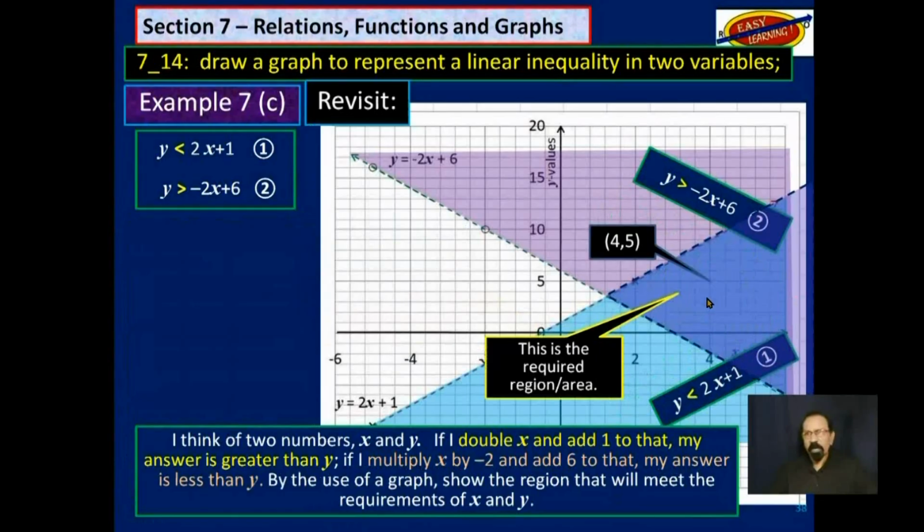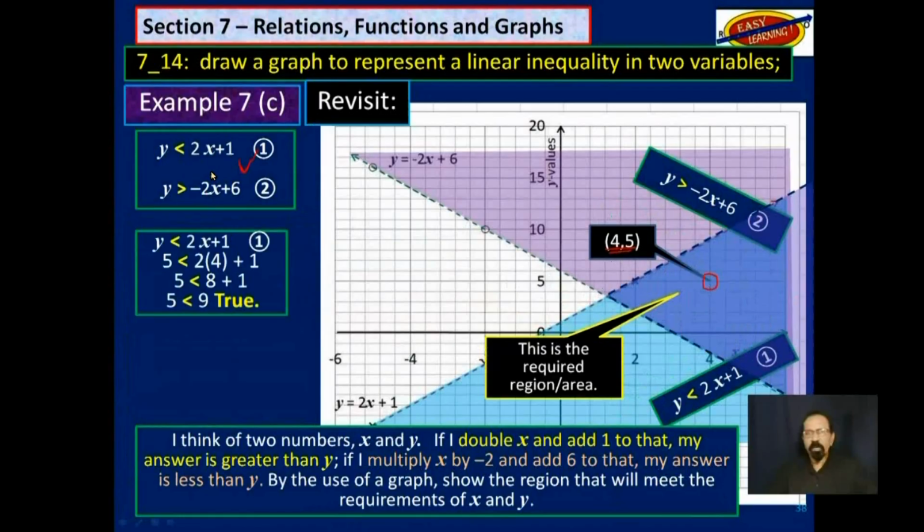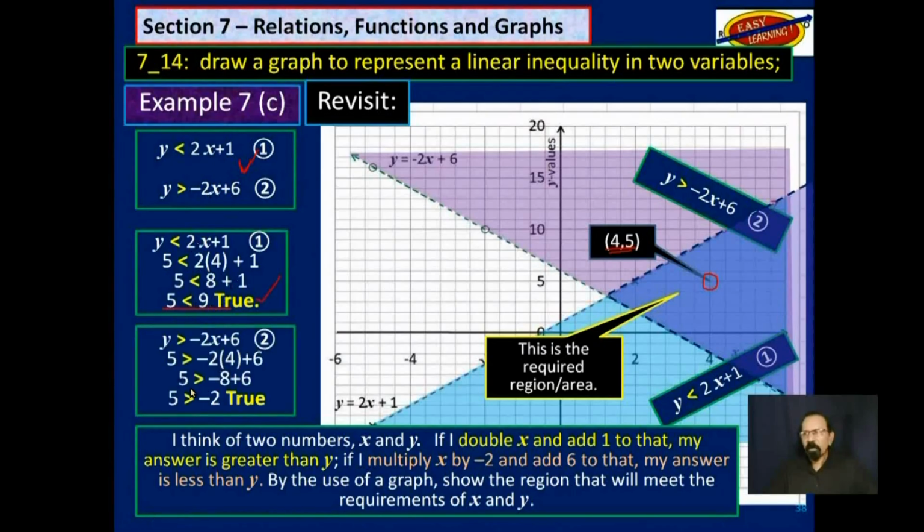So let's try one value. 4 for x and 5 for y. 4, 5. If we use these two inequalities up here, notice we get 5 is less than 9. That is true. And then we also notice that 5 is greater than -2.